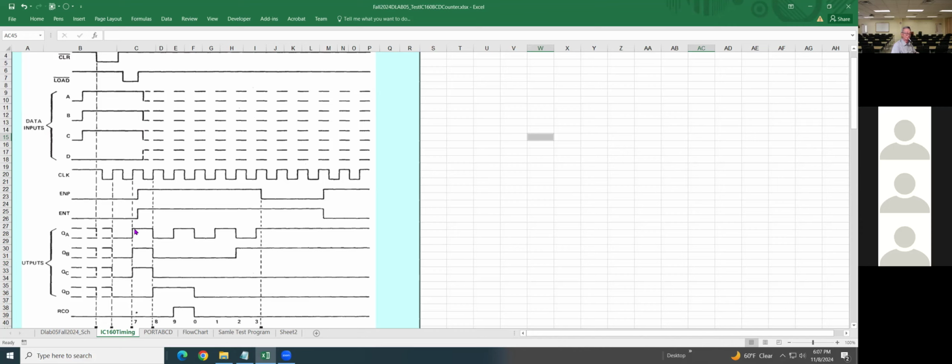How about clear? It's 1. The clear must be 1. So that's why, if you understand the timing, you know how to troubleshoot it. They give a requirement for the input and they tell you the output. So after you load, the number coming out will be number 7.